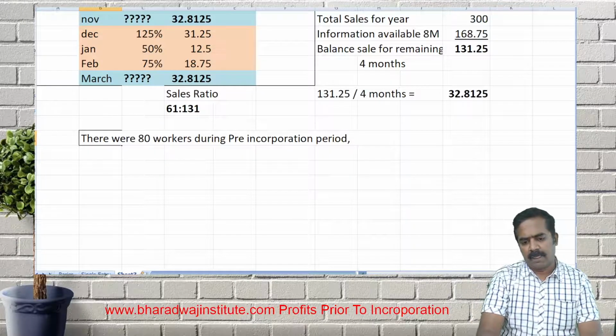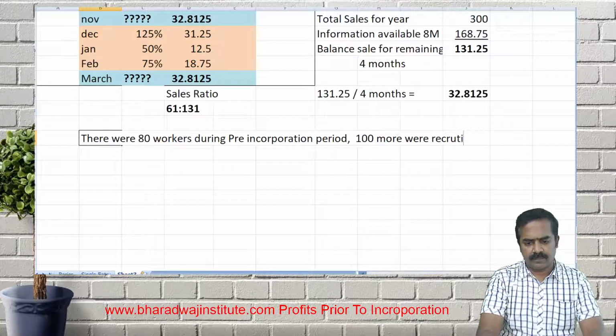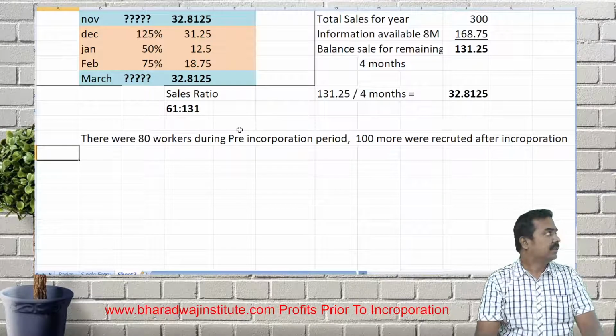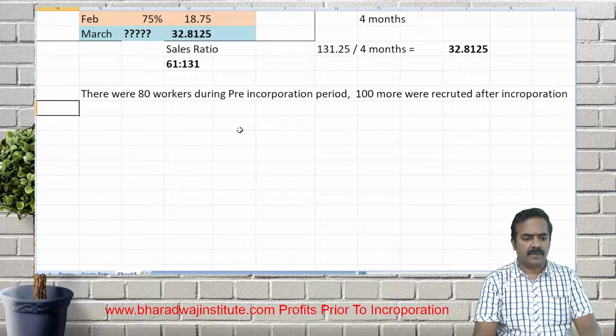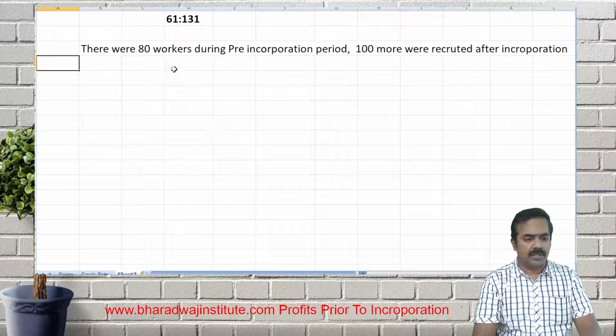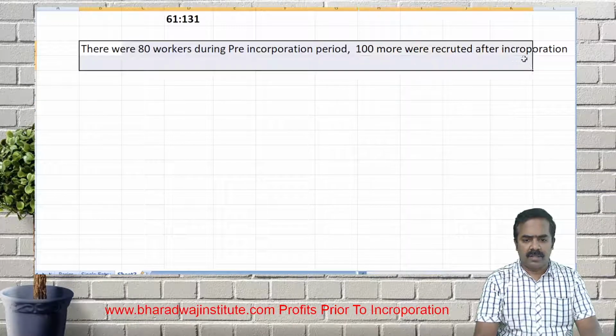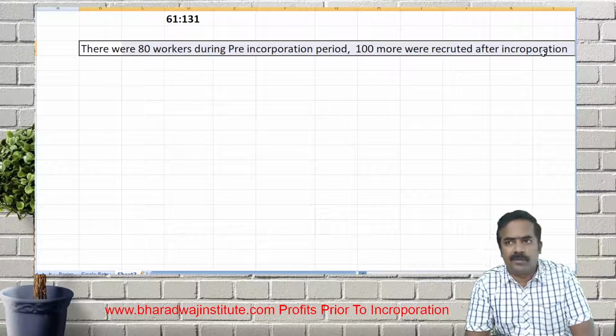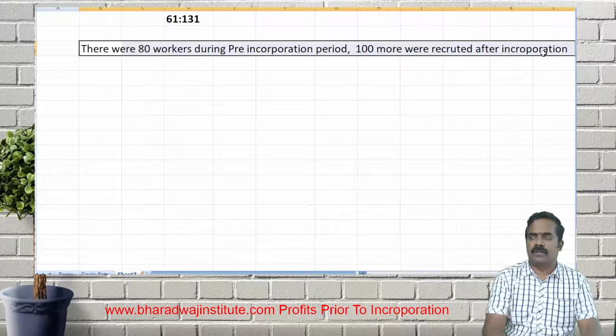Next. 100 more were recruited after incorporation. There were how many workers? 80 workers during which period? Pre-incorporation period. How many more workers were recruited? 100 more workers were recruited after incorporation.